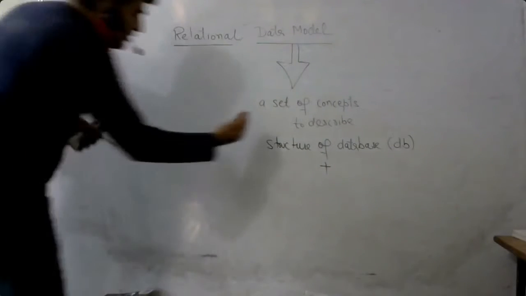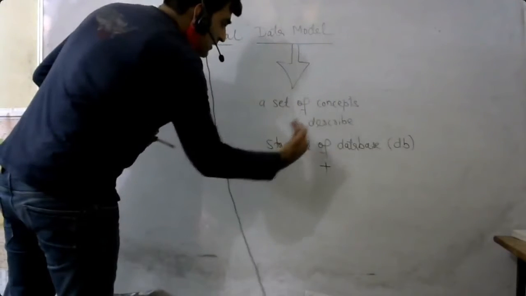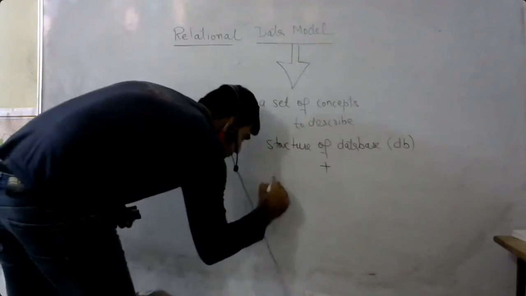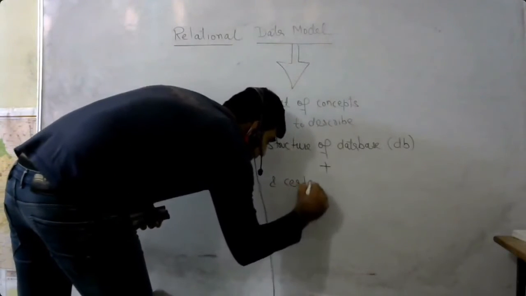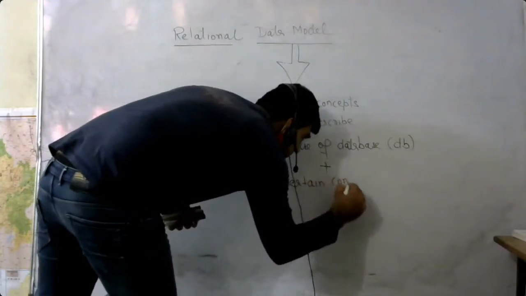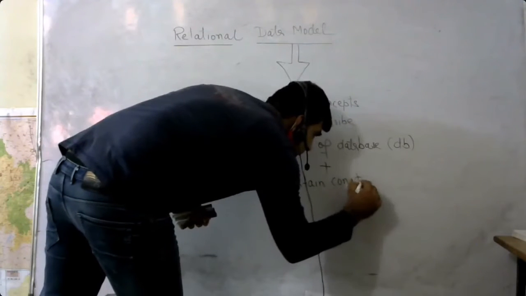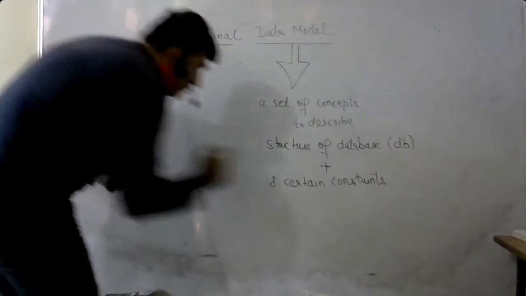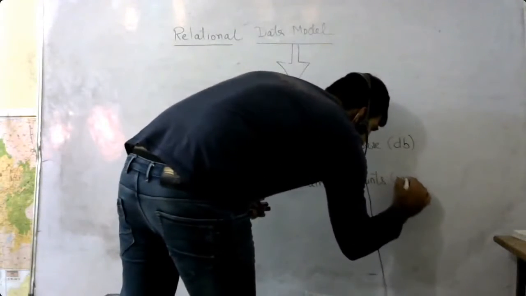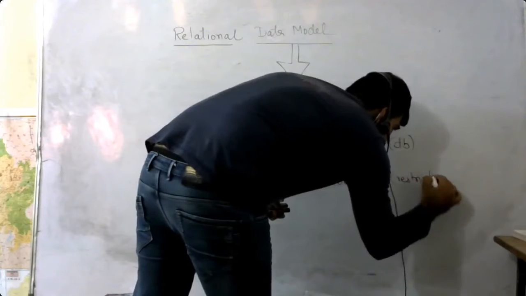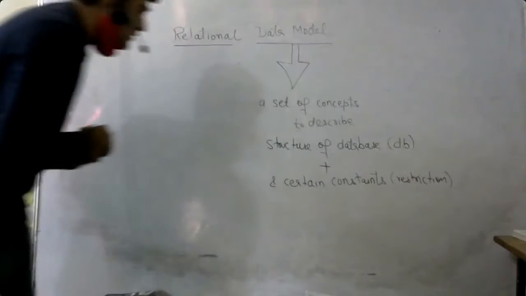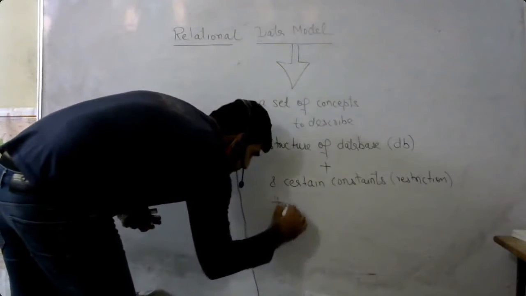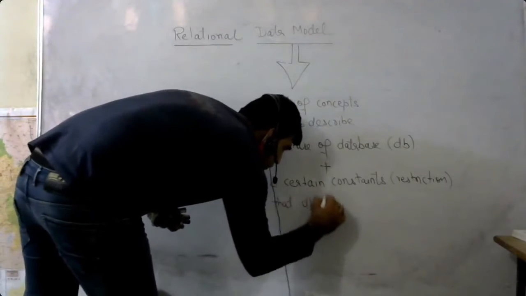So the definition is a set of concepts to describe the structure of database and certain constraints, meaning restrictions, that the DB, meaning database, should obey.